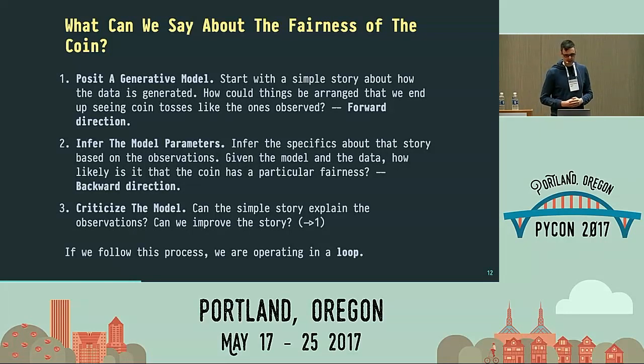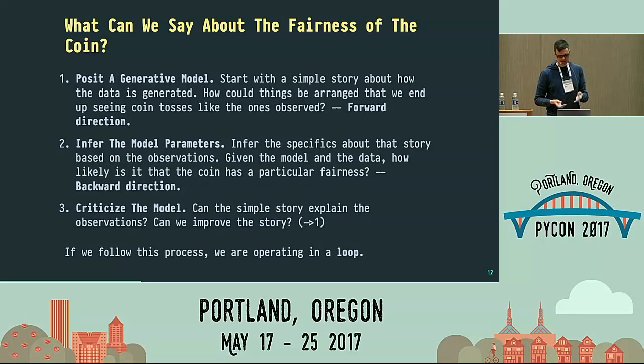Basically, you start with assumptions about how coin tosses work. So let's say you start with a fairness, and then given a particular fairness of a coin, you define a process by which coin tosses come about. So you start with a fairness, and then you go to the coin tosses, so that you work in the forward direction.